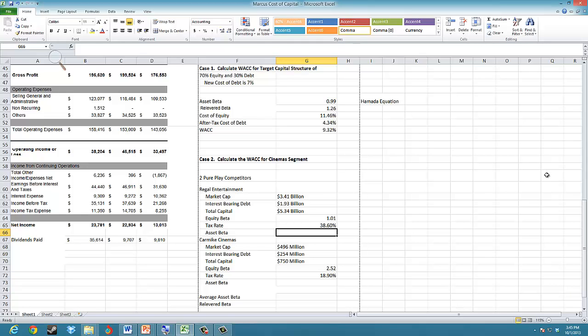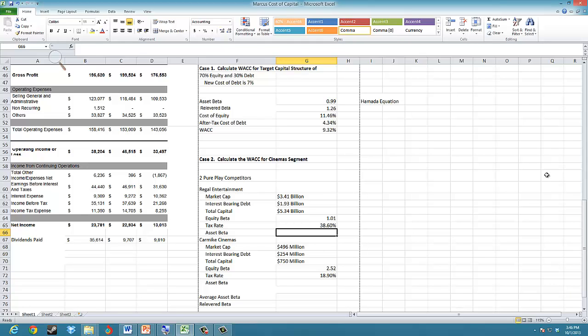They're very different in terms of size. Carmike has a market cap of $496 million compared to Regal's market cap of $3.41 billion, so very different in terms of total capital. The total capital for Regal is $5.34 billion compared to the total capital for Carmike Cinemas at $750 million.